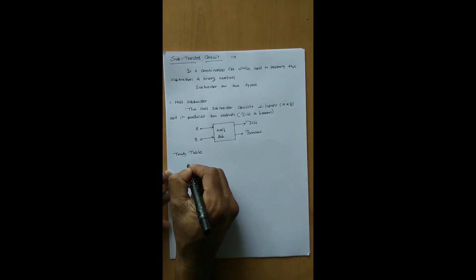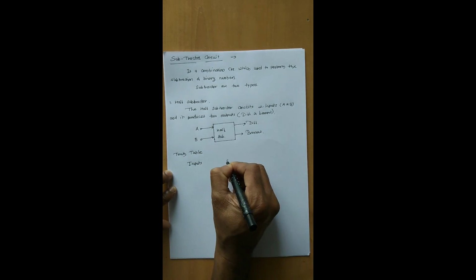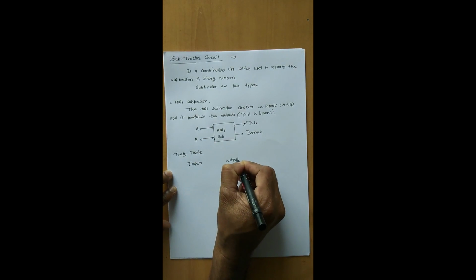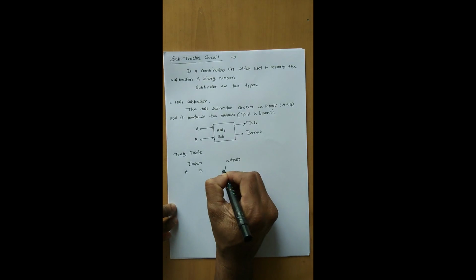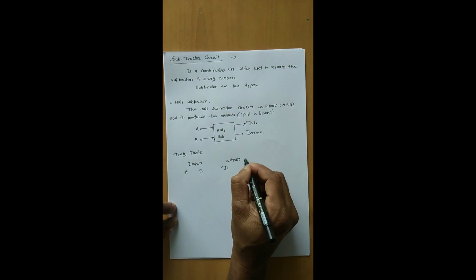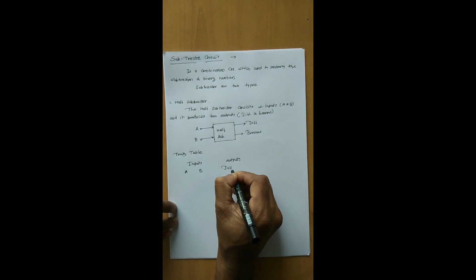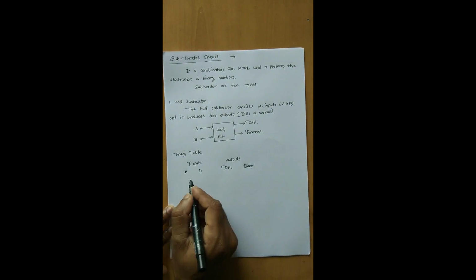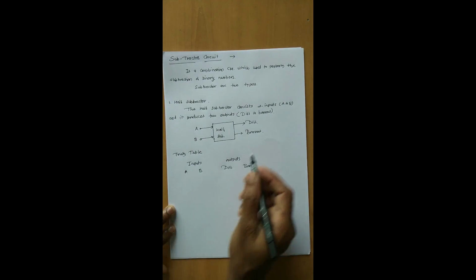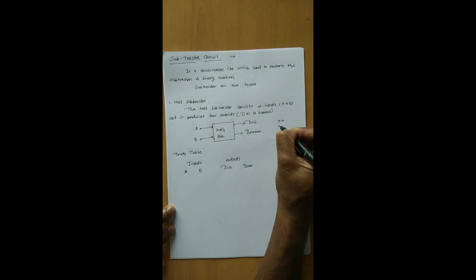We know that it consists of two inputs and two outputs. The inputs are A and B and the outputs are difference and borrow. With two inputs there are four combinations: 0 0, 0 1, 1 0, 1 1.